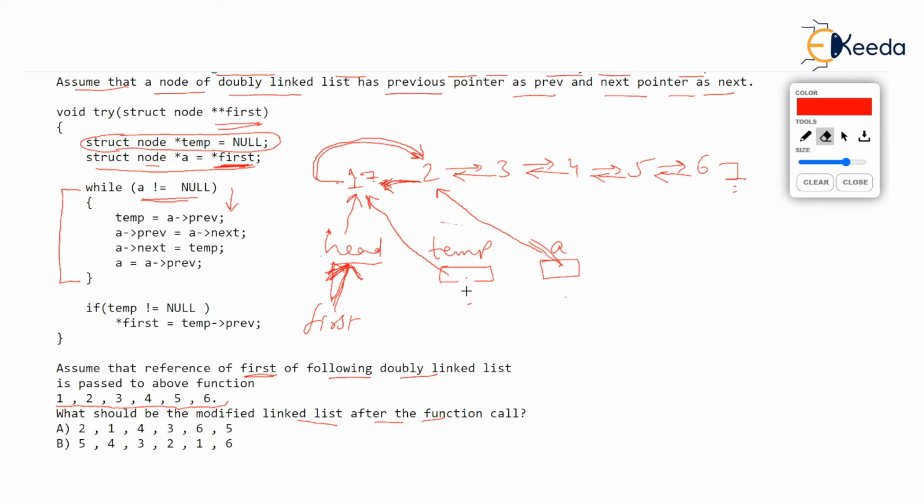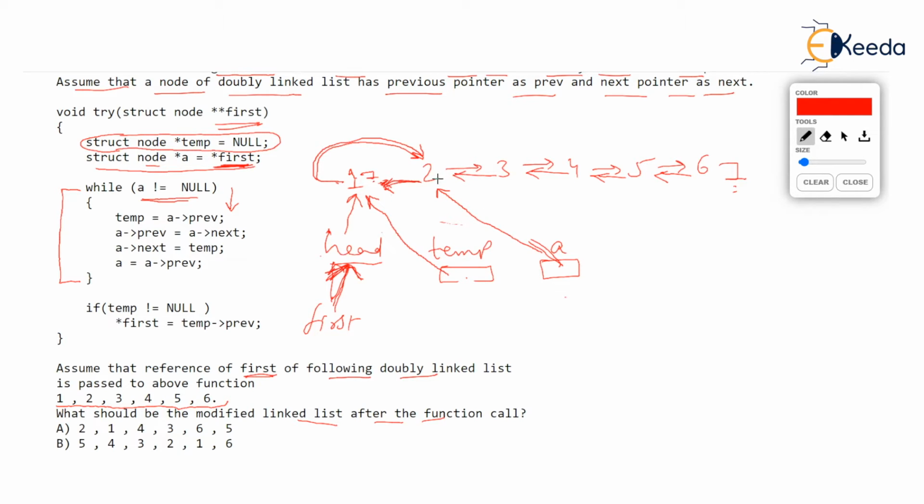Okay. Next line. A arrow prev should be equal to a arrow next. See this. A arrow prev, this prev of 2 should be equal to a arrow next. But a arrow next means next of 2. Next of 2 is pointing to 3.